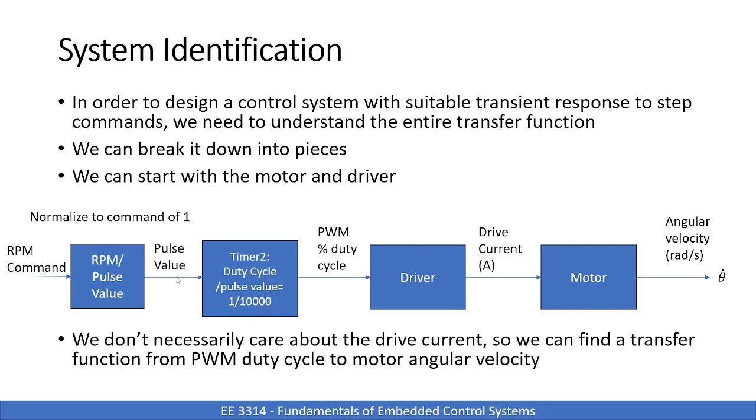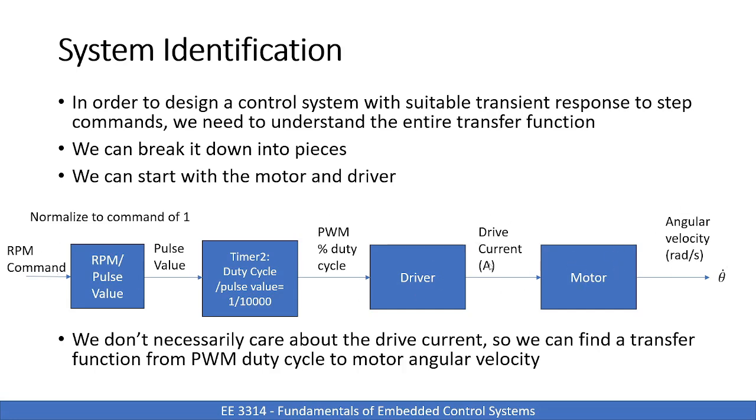That pulse value is then determined from our RPM command, and we have some pulse value per RPM conversion there. That's just basically saying we know that an RPM of 100% is going to give us some velocity if you account for all these things in the chain.